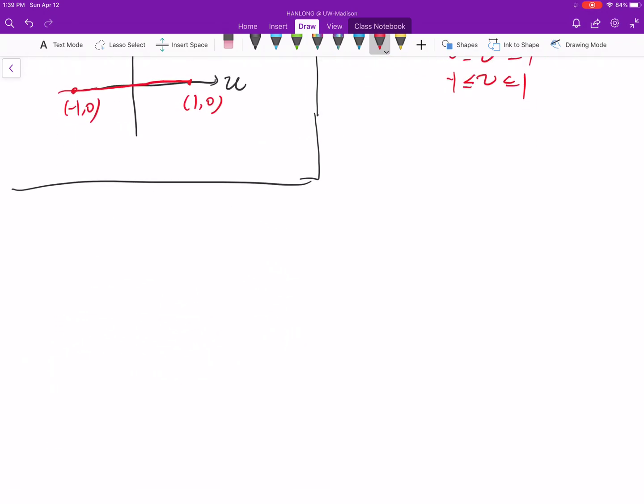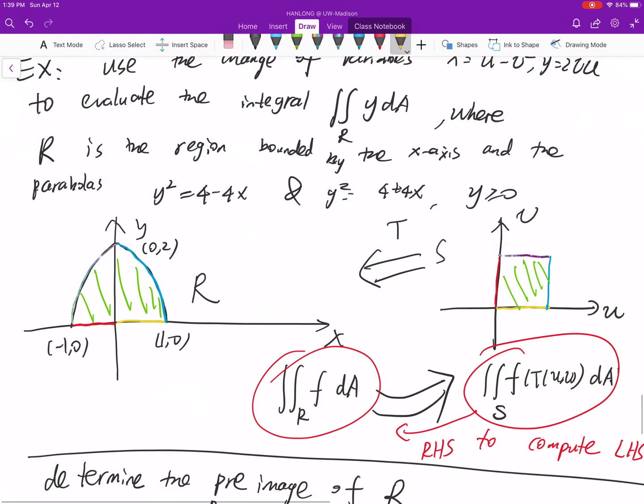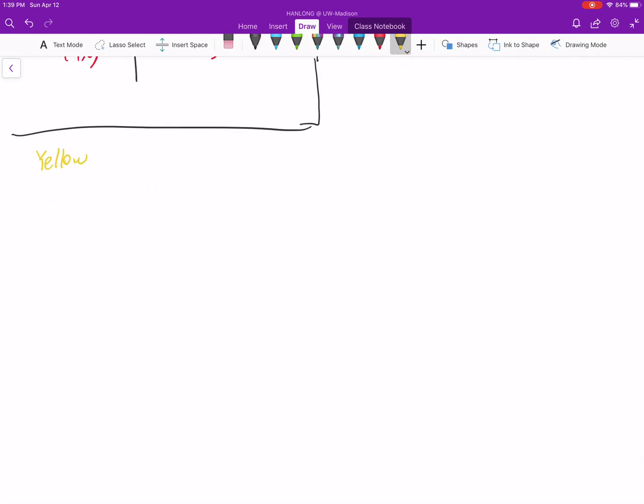Okay, next let's look at the yellow one. So the yellow one on the left hand side is parameterized by y equals 0, x is between 0 and 1.